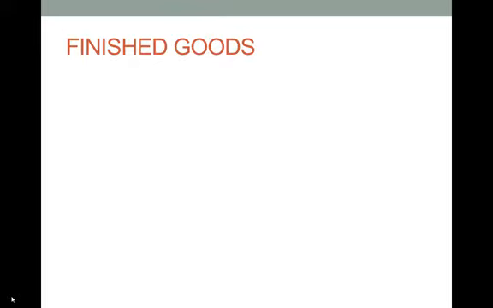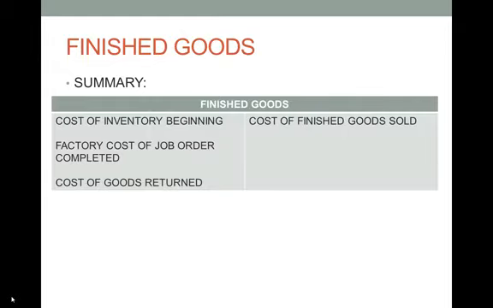Ngayon, what do we need to see in the finished goods account under the manufacturing company, job order costing? The summary of finished goods is this. Ang tanging makikita lang natin na credit sa credit side ng finished goods is yung inilabas mo or yung ibinenta mo.